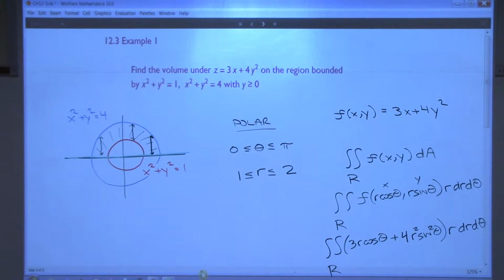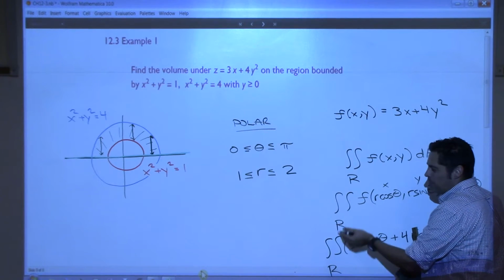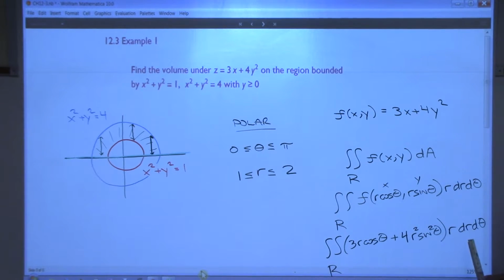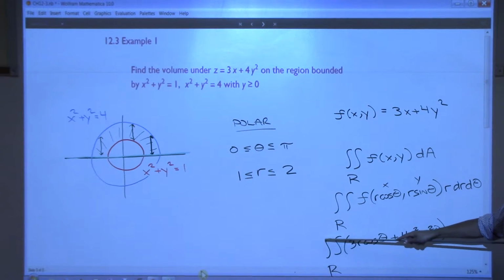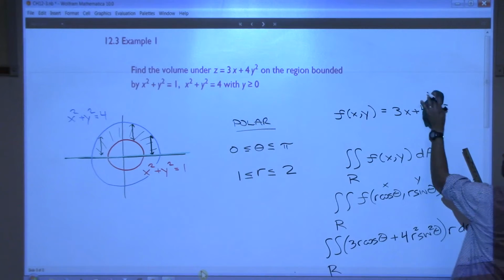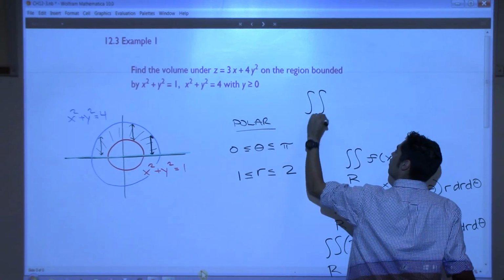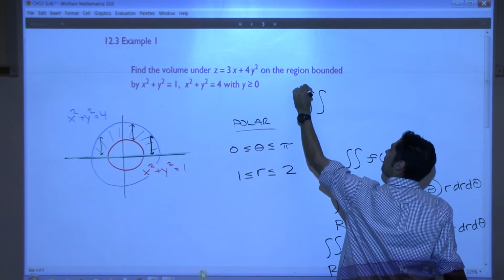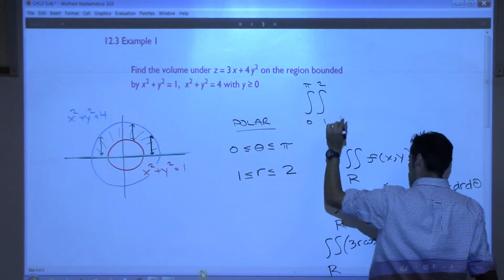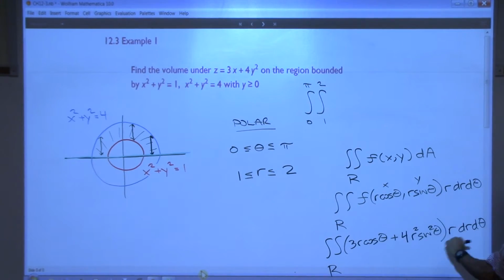I need to put my limits of integration over here. I probably should have done that already, but my order of integration, I'm going r is the inside, theta is the outside, so I should have what on the outside integral? 0 to pi, and then 1 to 2. And that'll be the integral I need to figure out. So double integral, 0 to pi, 1 to 2. I'm going to rewrite this. I'm going to distribute the r through.